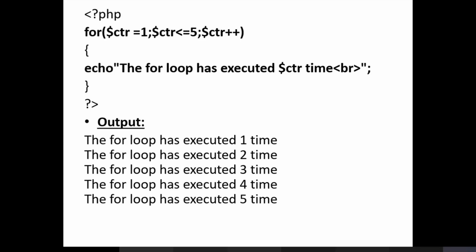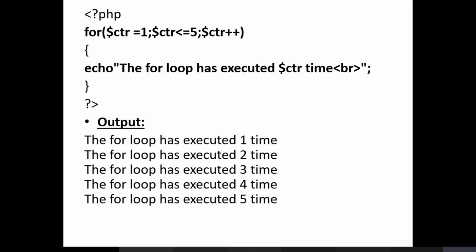And then again the control will move on to the increment counter CTR plus plus, which will increment the value of 5 by 1, and that becomes 6. So again the condition checking will be there, 6 less than or equal to 5. This time the condition becomes false and the control will not go into the code written inside the for loop.